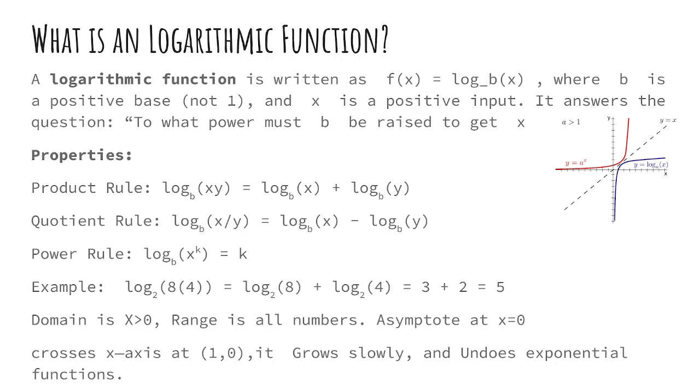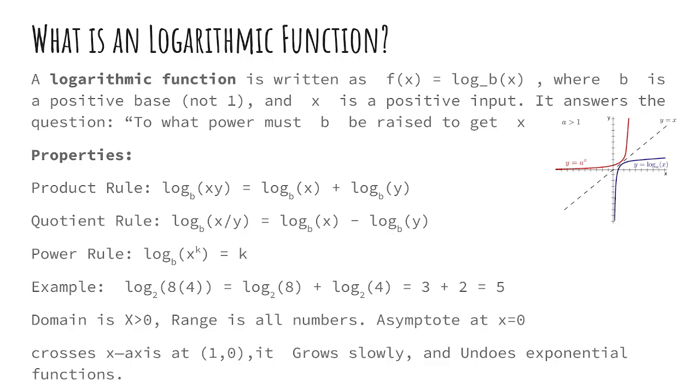Then there's your power rule. Log subscript b of x to the power of k is equal to k times log subscript b of x. Here's an example. Log subscript 2 of 8 times 4 is equal to log subscript 2 of 8 plus log subscript 2 of 4, which is equal to 3 plus 2, which is equal to 5.